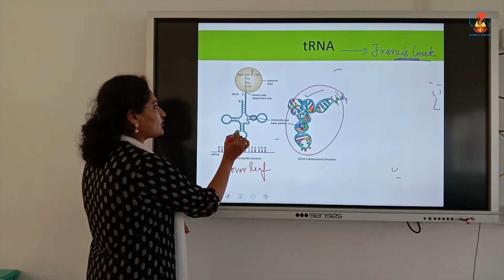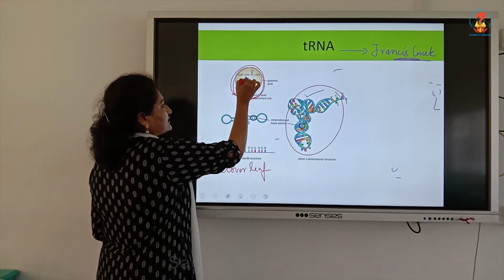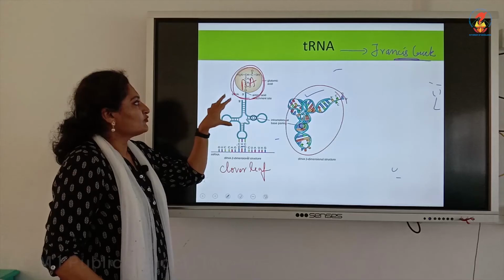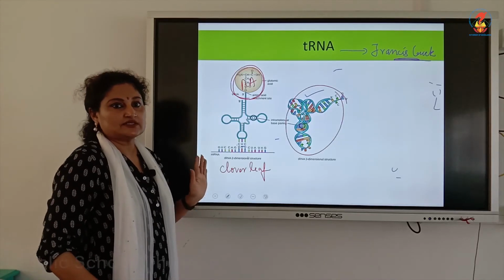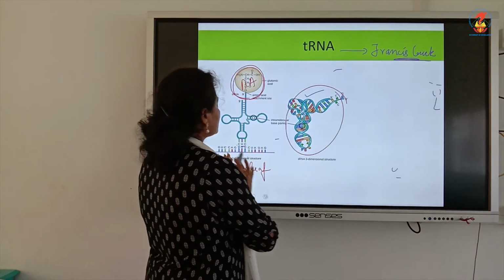Opposite to the anticodon loop is the amino acid binding site. Another very important specialty of the tRNA is that it is specific to the amino acid. For each amino acid there is a specific tRNA. Clear?